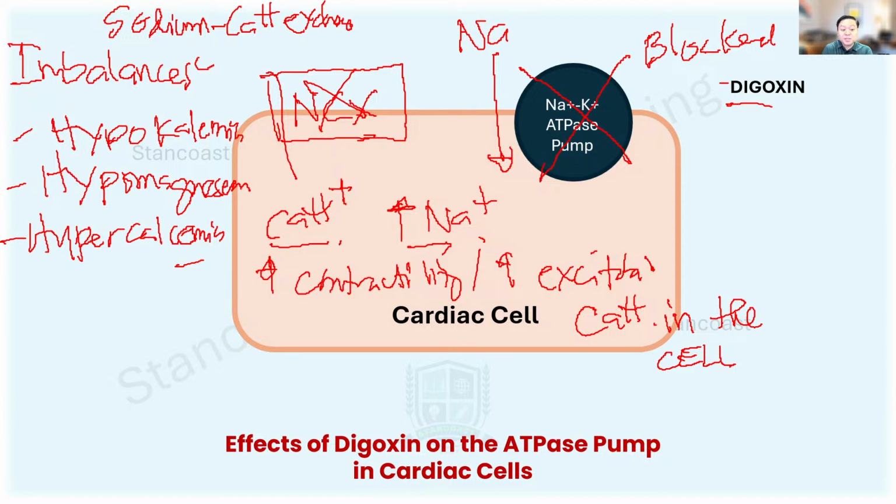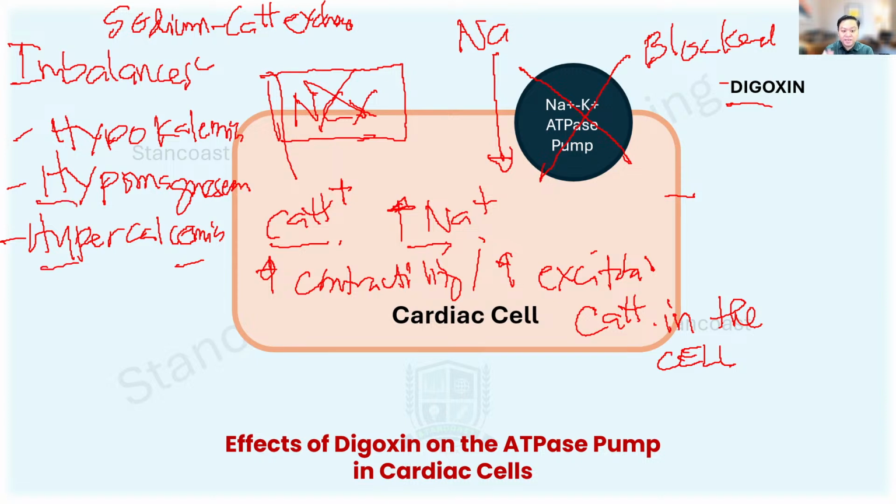The patient will have increased contractility and excitability. This is what's going to cause the digoxin toxicity. And the same thing with hypomagnesemia, because hypomagnesemia can also contribute to the low potassium level. It can worsen the low potassium. So this is another contributory factor.